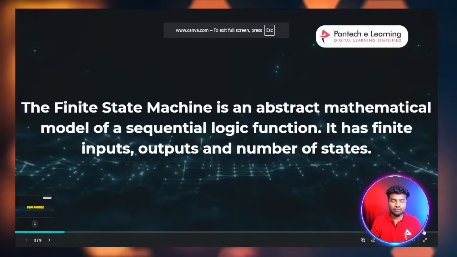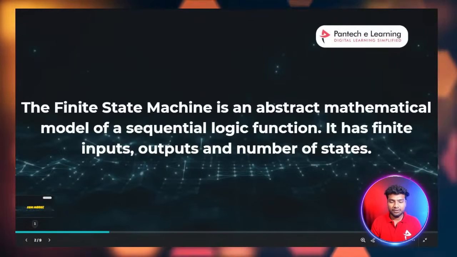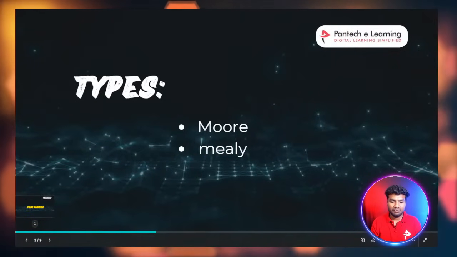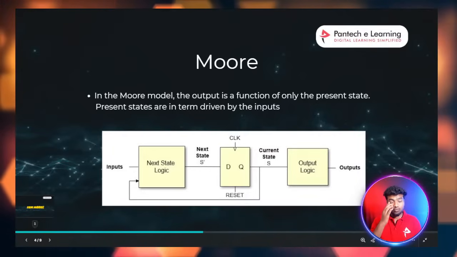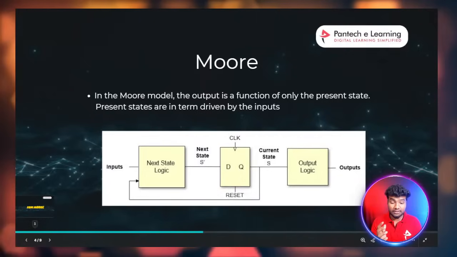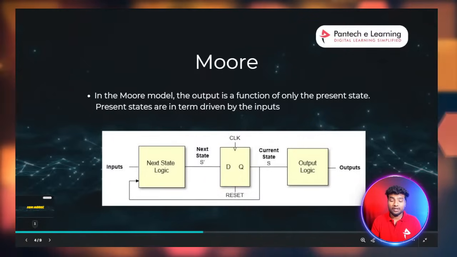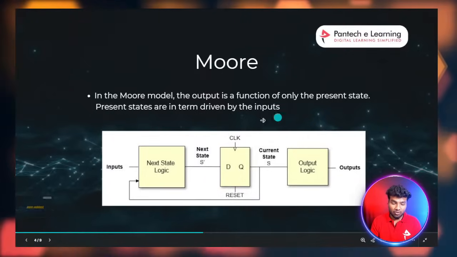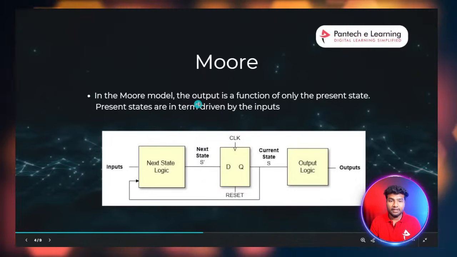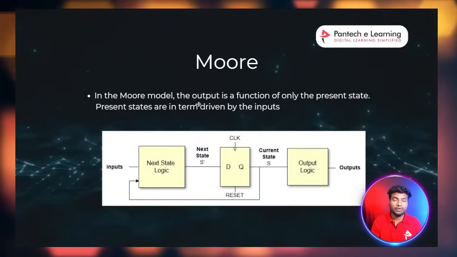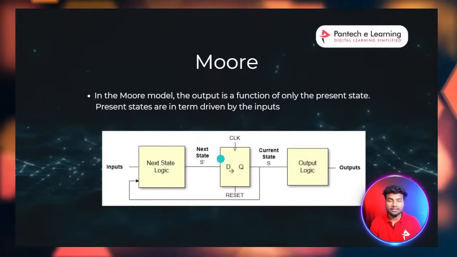We already saw the definition of Moore type. So these are the types of FSM. In the Moore model, the output is a function of only the present state. This is the basic logic diagram of a Moore type FSM. This is the output logic, a combinational logic. The output depends only on the present state.